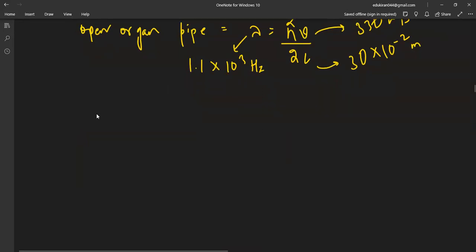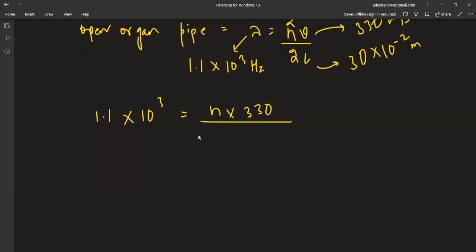If you substitute, 1.1 into 10 to the power 3 is equal to n into 330 by 2 into 30 into 10 to the power minus 2.